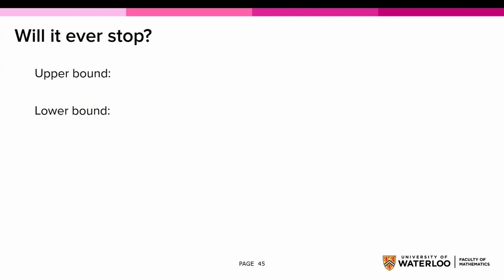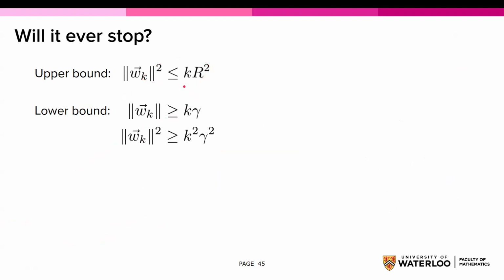So now we can combine the lower and upper bounds. This is the upper bound that we just saw, as well as the lower bound that we encountered a few minutes ago. So we can square the lower bounds, and then we can combine them.